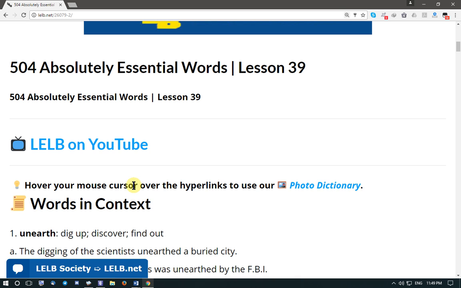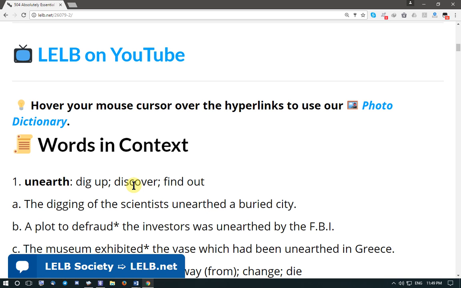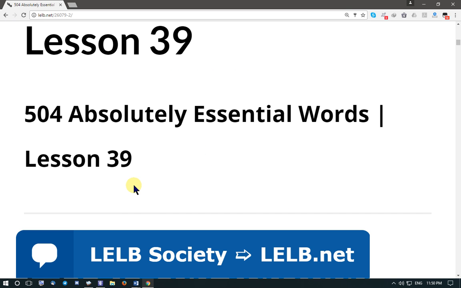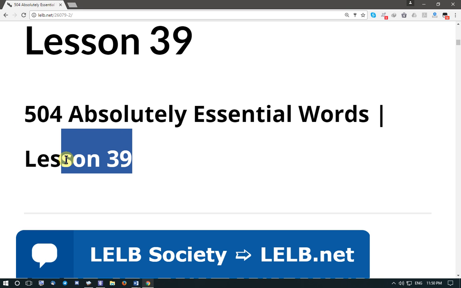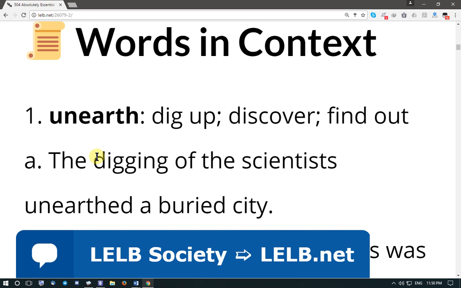So let me zoom in so that it is easier for you to read the text and follow me. As you can see, this is unit 30, or lesson 39. Okay, let's get started.